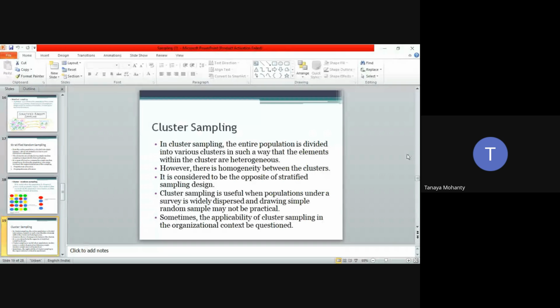So when I say that in cluster sampling the entire sampling is arranged in such a way that the clusters are heterogeneous in nature, it means that, as I'm talking about the weaver community, I'm talking about weavers residing in a particular area, and in terms of clusters, you have a diverse range of population here.